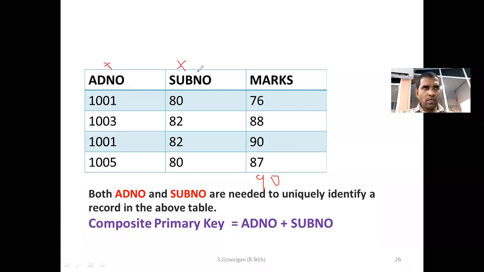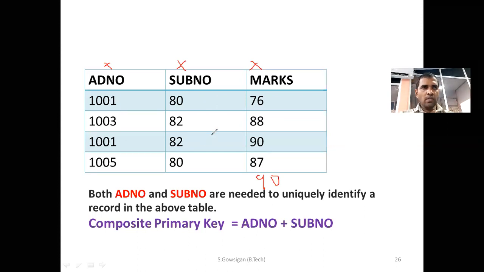Subject number cannot be because it doesn't have unique data. Even marks cannot be set because it also has duplication. Now, no single field has unique data. But I want to set the primary key because primary key is important. But the problem is individually, no field has unique data.